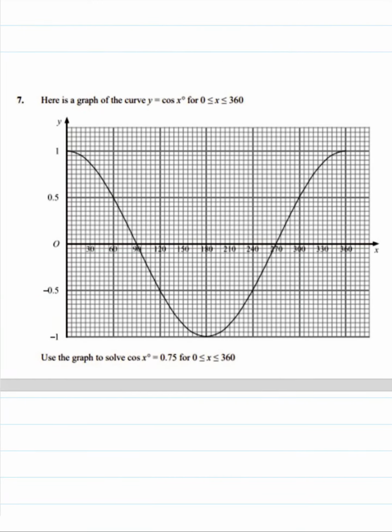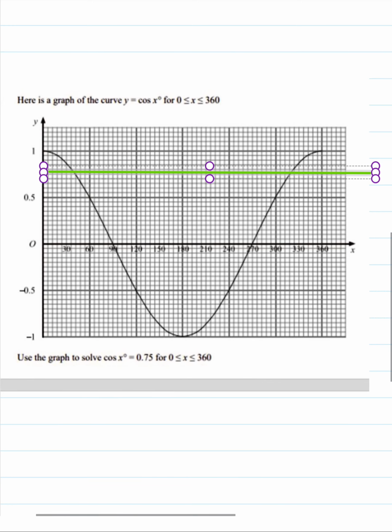First, let's draw a line at 0.75, which is about here. This horizontal line is what we wish to solve for, and we want values of x that lie on this line.